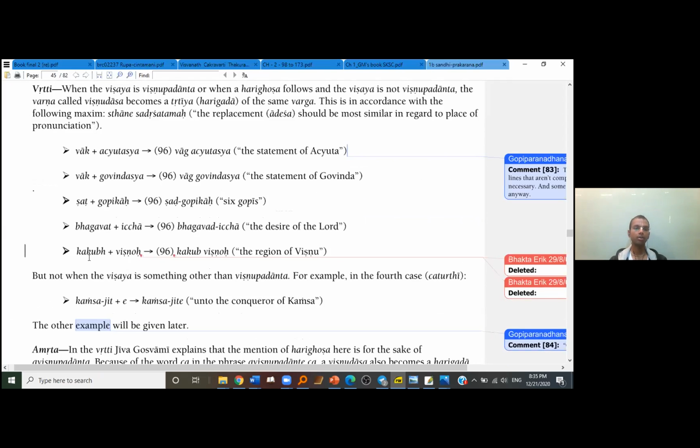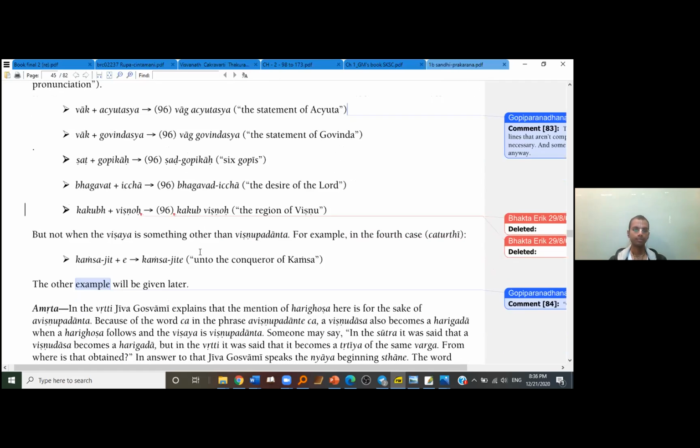Kakub Viṣṇuh becomes, so Bha is the hari-ghoṣe of Pa Varga. So it changes into hari-gadā of its own Varga. Kakub Viṣṇuh. Okay. Yeah, like that.